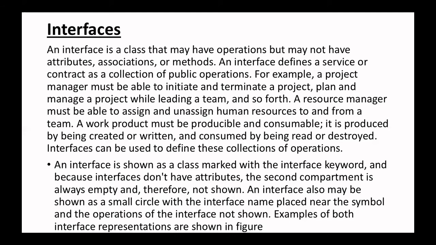And the resource manager is able to assign or unassign human resources to and from a team. A work product must be producible and consumable. It is produced by being created or written and consumed by being read or destroyed.